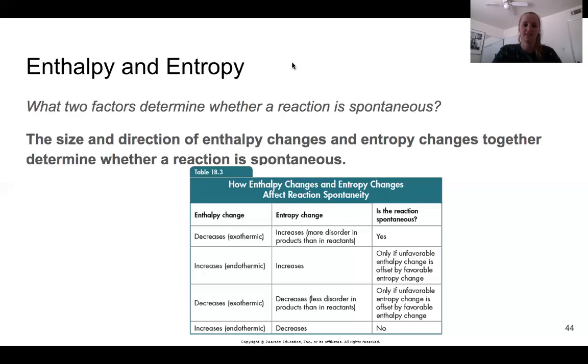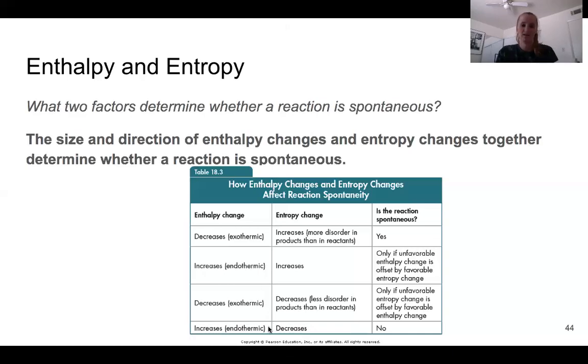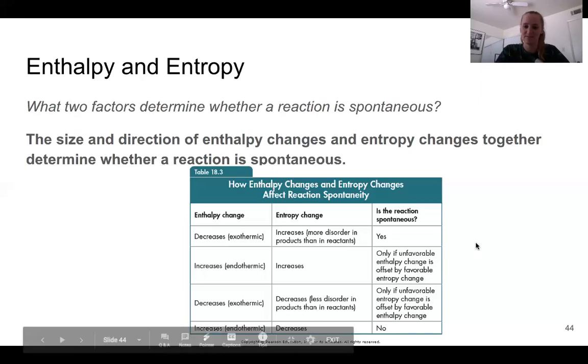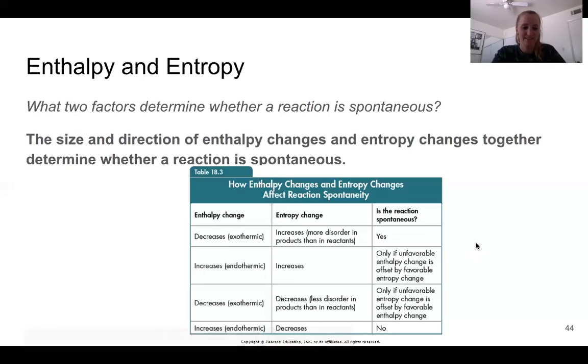Okay, so let's take a look at the chart in your notes. I don't know why I didn't add this to the slide, but that's okay. Looking at the top part, it says heat release is favorable and entropy increasing is favorable, so that will cause a reaction to become more spontaneous. If you have a stronger favorable reaction happening, that reaction is more likely to become spontaneous.